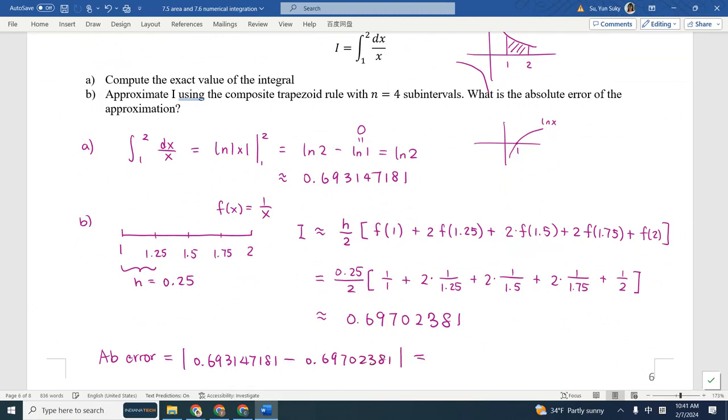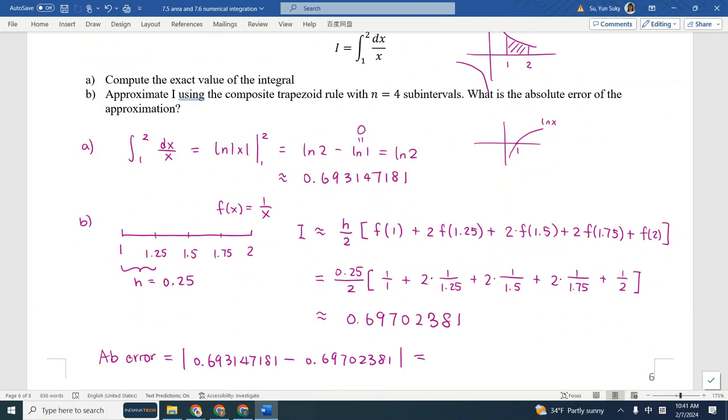What is the difference? By the way, I don't remember which comes first because it does not matter; it's absolute value.